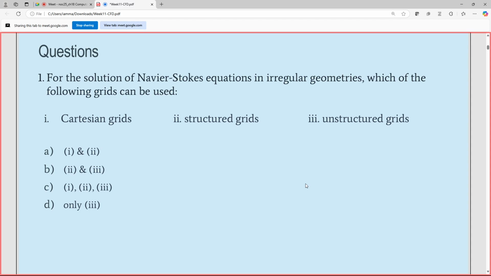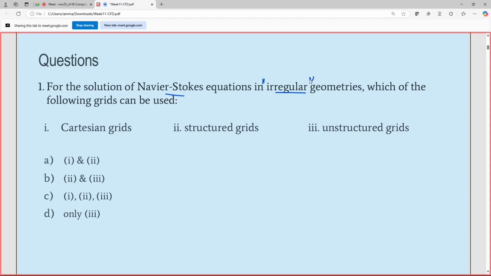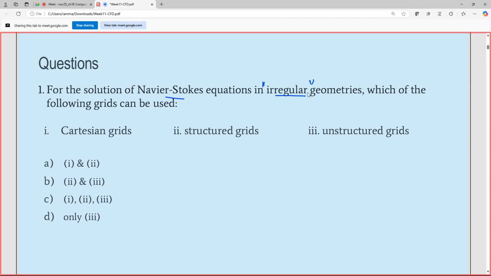So first question: for the solution of the Navier-Stokes equation in irregular geometries, which of the following grids can be used? It's a basic simple question. Options: 1.